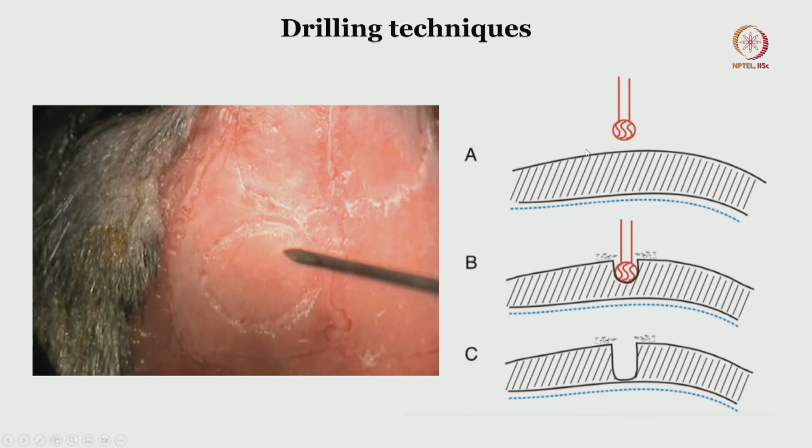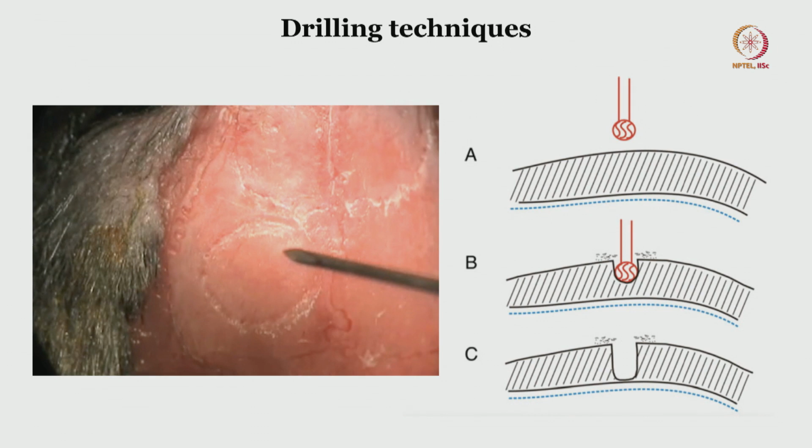As you can see here, this is the burr, the drill burr. The tip of the drill bit is called the burr, and the sharp edges on it are called flutes. One needs to know which way it is rotating. When it rotates clockwise, you need to use the drill in the reverse manner, so that it doesn't slip forward and injure the neighboring structures.